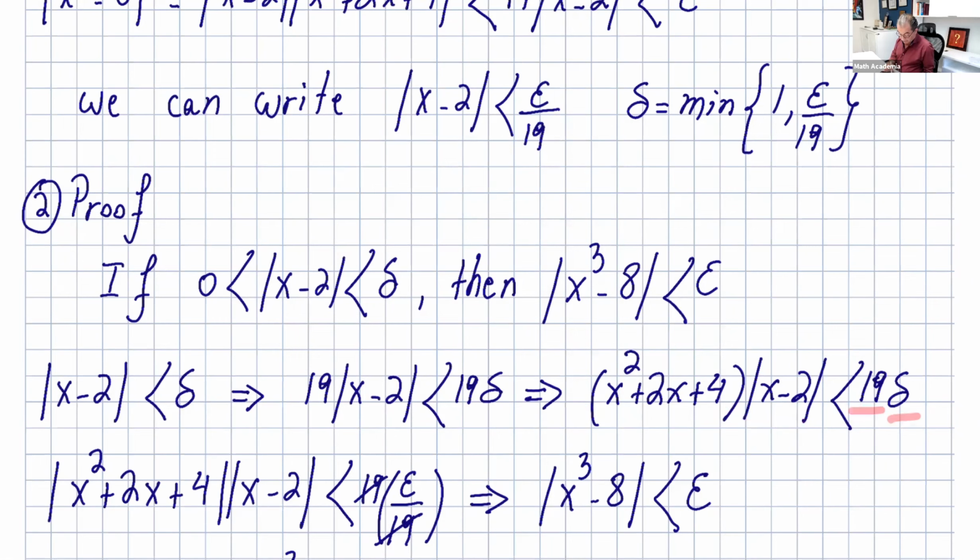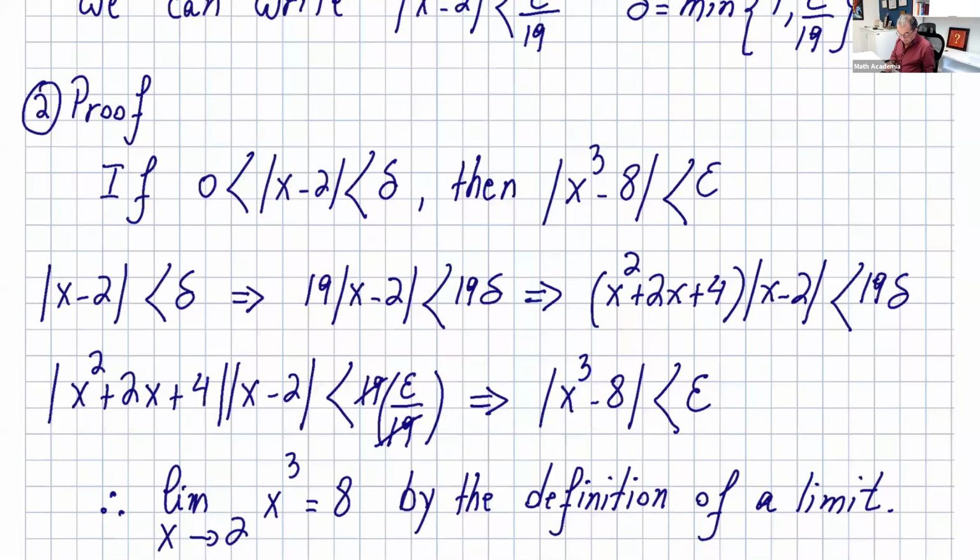And we picked delta to be epsilon over 19. So if instead of delta we substitute epsilon over 19, we clearly see that this is less than epsilon. But what was that? That can be written as the absolute value of x cubed minus 8.